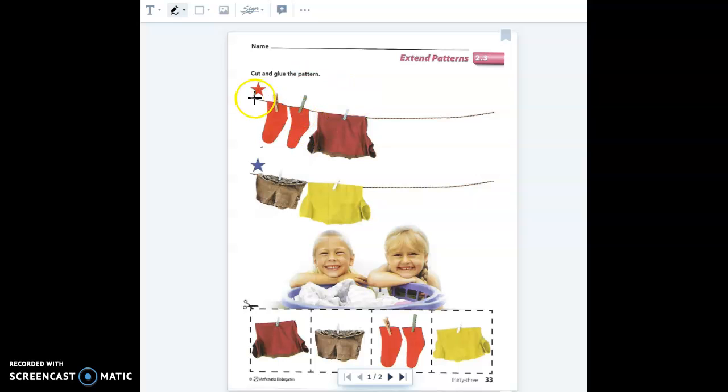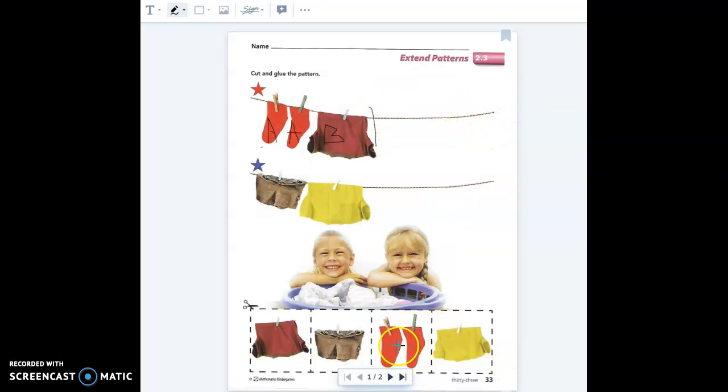So first of all, I want you to look at this, all right? And they've started a pattern for me. I have sock, sock, shirt. Well, if I was going to name this pattern, it would be A, A, B, okay? So I have two of the same things and something different. So it's A, A, B. Now, I'm going to repeat that, okay? The pattern stops right here and the next set begins.